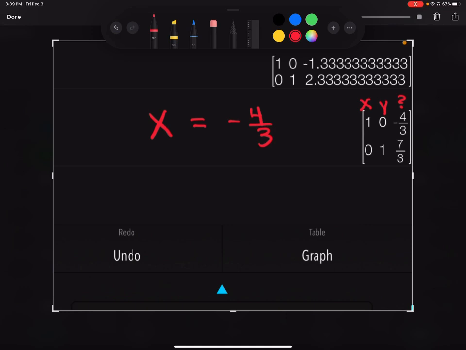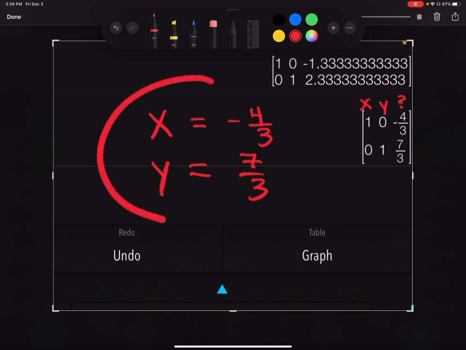And then for the next row, there's no x, but there is a y. So you get 1y is equal to 7/3. So when you change a reduced row echelon matrix into a system of equations, it tells you what the solution is going to be. So your solution is x is equal to -4/3, and then y is equal to 7/3.